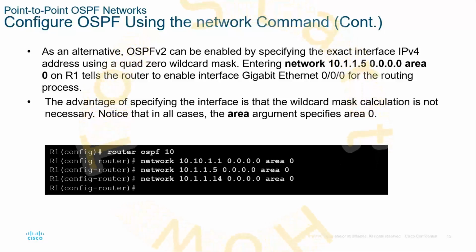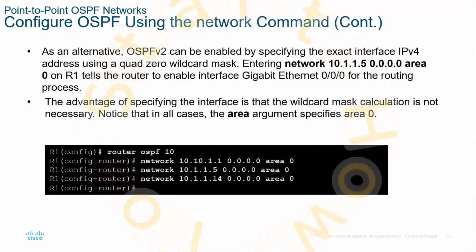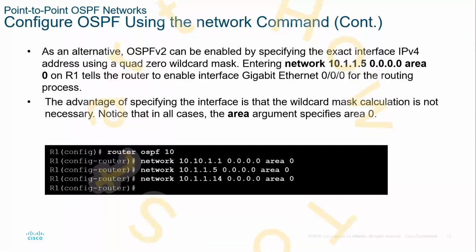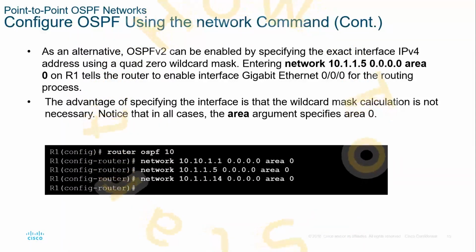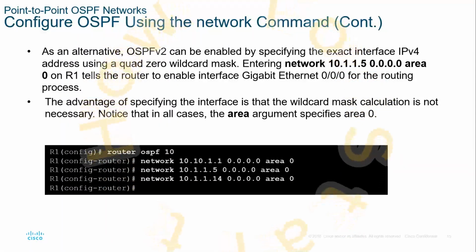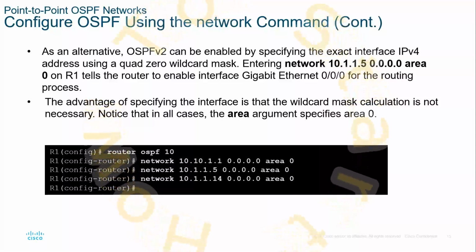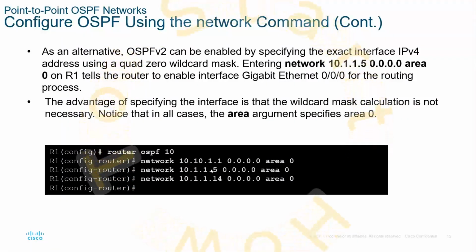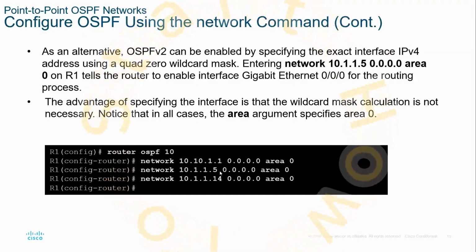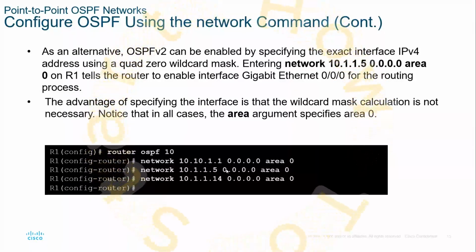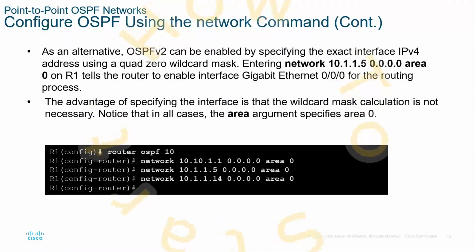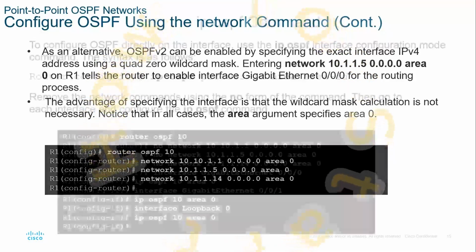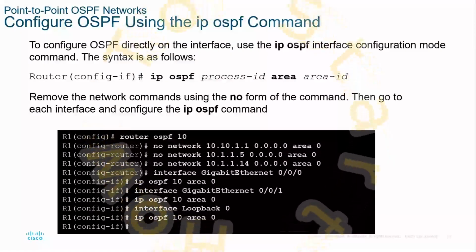That basically just says you don't have to worry about the wildcard masks, so you can do quad zeros. Realistically, you should get used to doing the wildcard masks, and you'll notice these are the specific addresses of those interfaces, not the network IDs. So let's try to put this together as a whole. How do we configure OSPF?